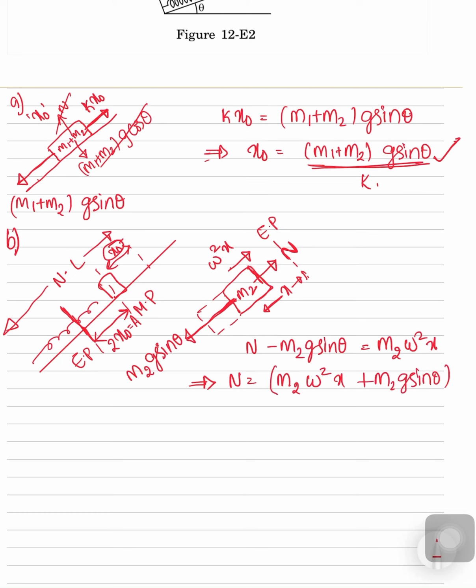This is the addition of two terms, which is never going to be equal to 0. For the blocks to separate, the normal reaction between them should be equal to 0. Here it is not possible. Below the equilibrium position, it is not going to be 0.